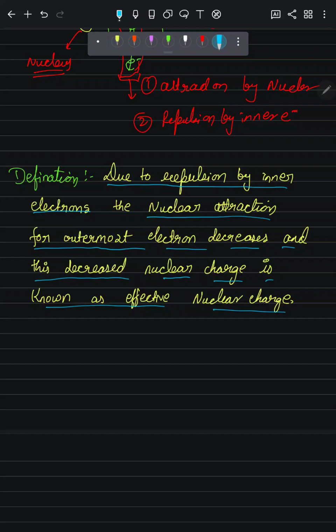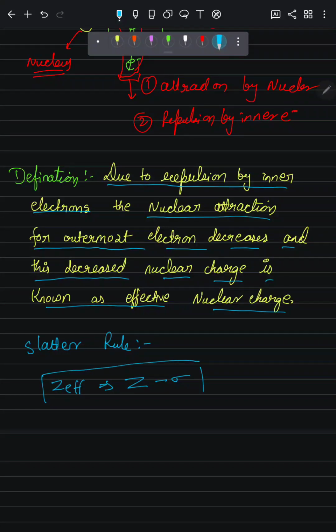This is explained with the help of the Slater rule. So what is the Slater rule? Slater is a scientist who discovered a rule. It gives information about Z effective, the effective nuclear charge, according to which Z effective equals Z minus sigma.